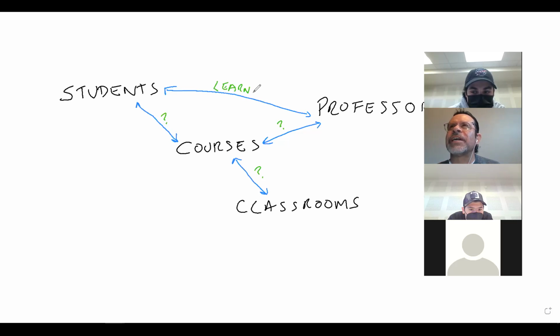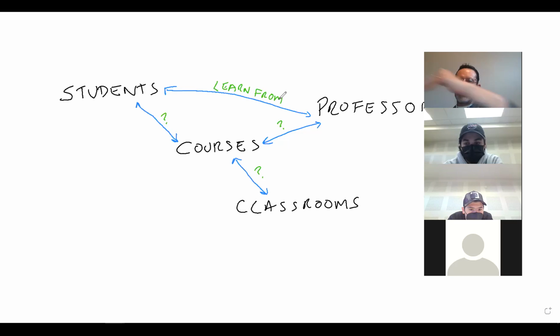I gave you guys the exercise of one word just to make you think. It doesn't mean we can't use two words, but you mentioned students learn from. I'm going to allow it, and that makes sense. Students learn from professors. Okay, that makes sense if I'm going this way. If I'm going this way.